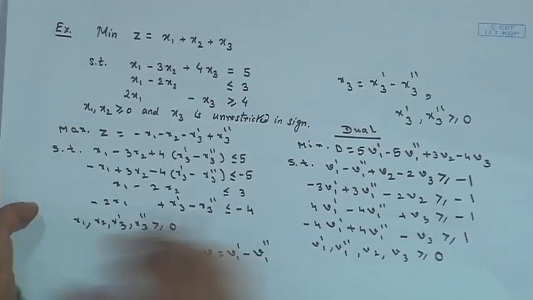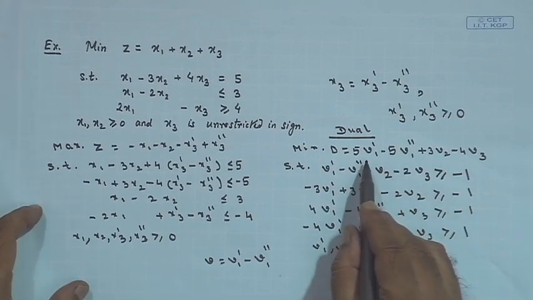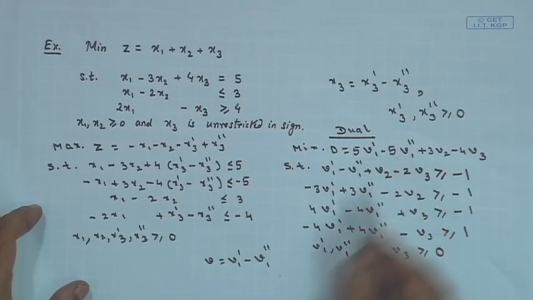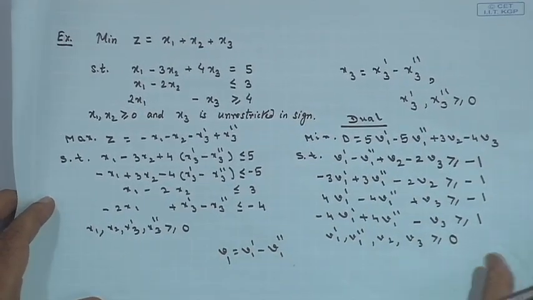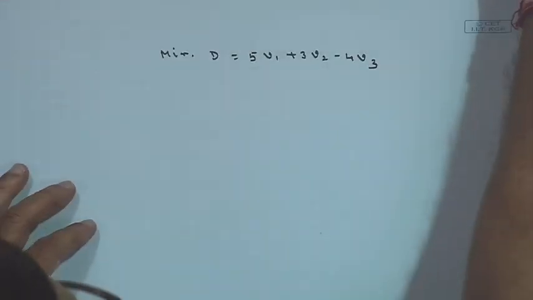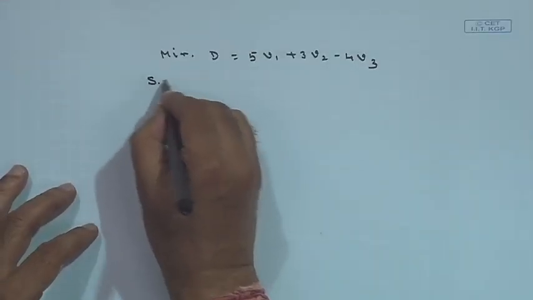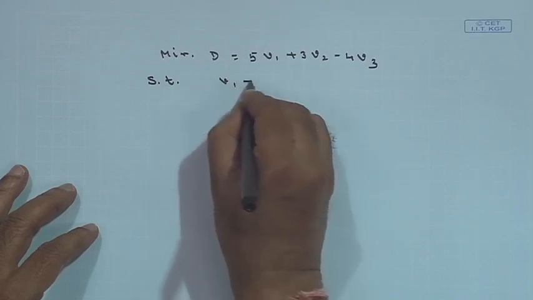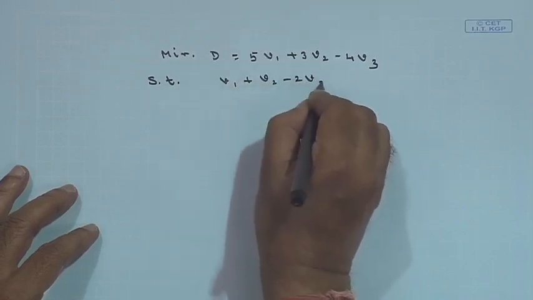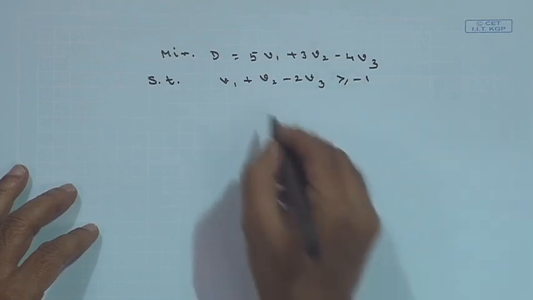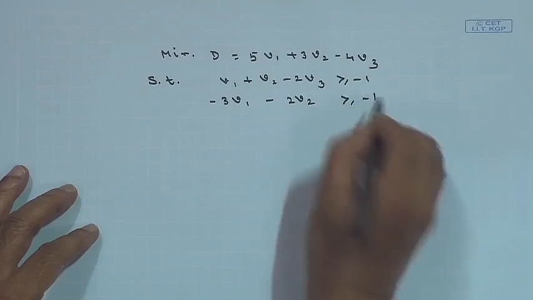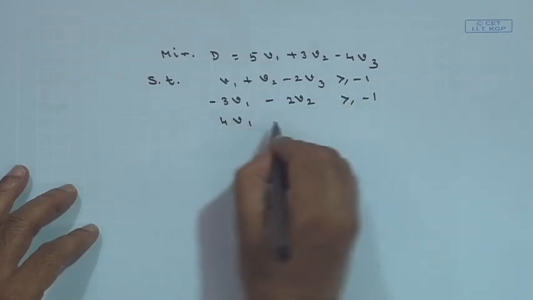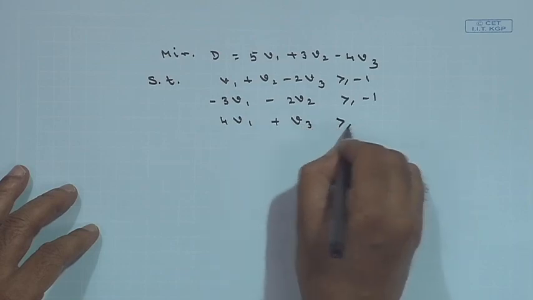I am just replacing v1 dash minus v1 double dash by v1. So here I obtain 5 v1 plus 3 v2 minus 4 v3 subject to v1 plus v2 minus 2 v3 greater than or equal to minus 1, minus 3 v1 minus 2 v2 greater than or equal to minus 1, 4 v1 plus v3 greater than or equal to minus 1, and minus 4 v1 minus v3 greater than or equal to 1.